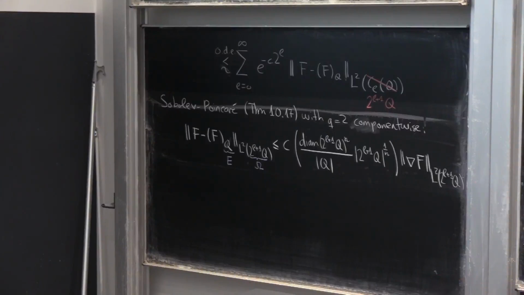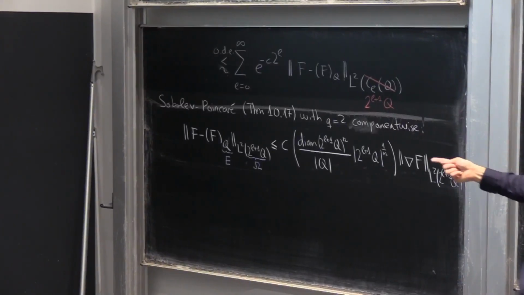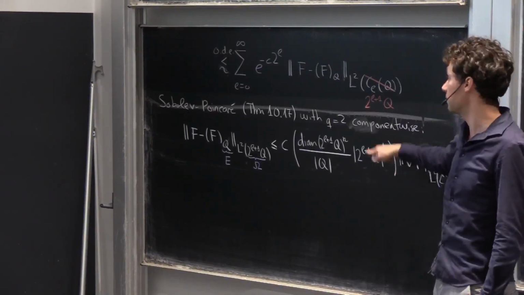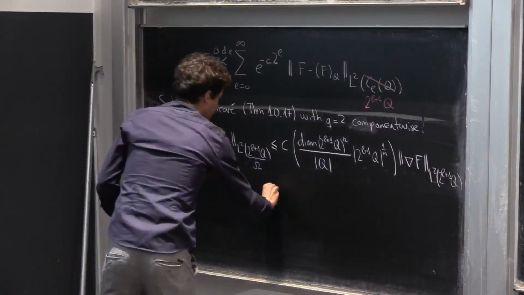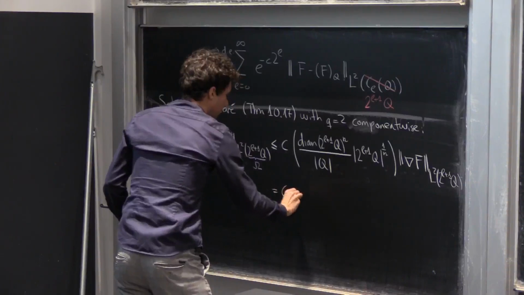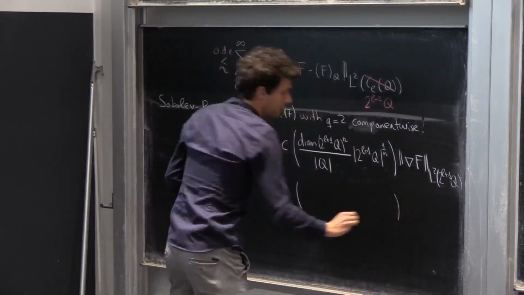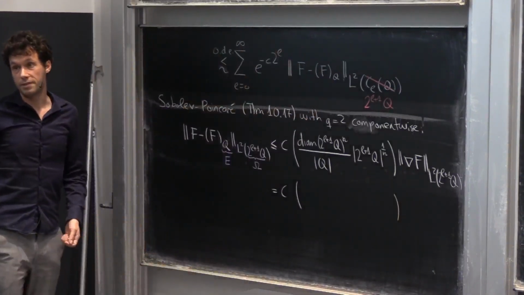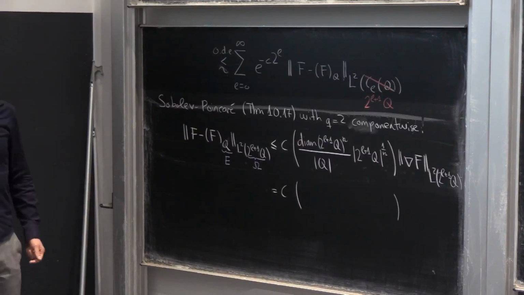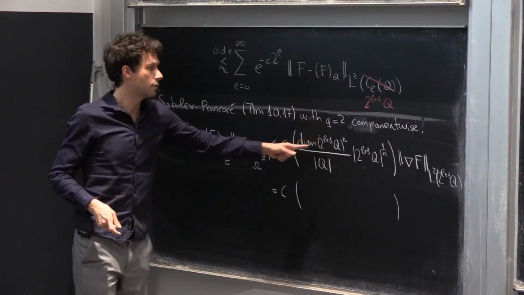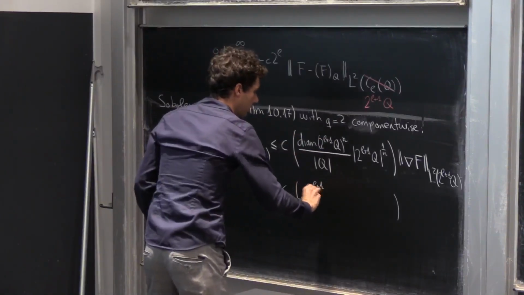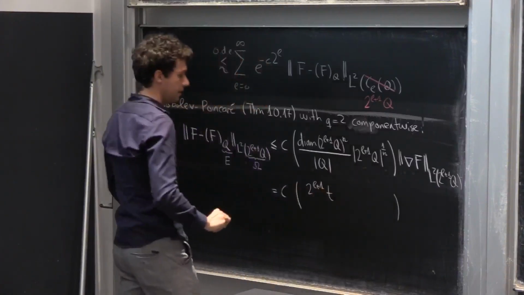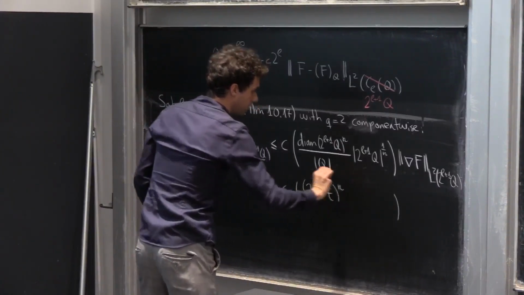Now we have to compute this constant, because I'm interested in particular in the dependence of the constants on t and L. So I write everything in terms of the length of the cube, and because the length of the cube is comparable to t up to multiplying or dividing by 2, I can write everything in terms of t. The diameter, up to a dimensional constant, is going to be 2 to the L plus 1 times the length, so this is t, to the power n.